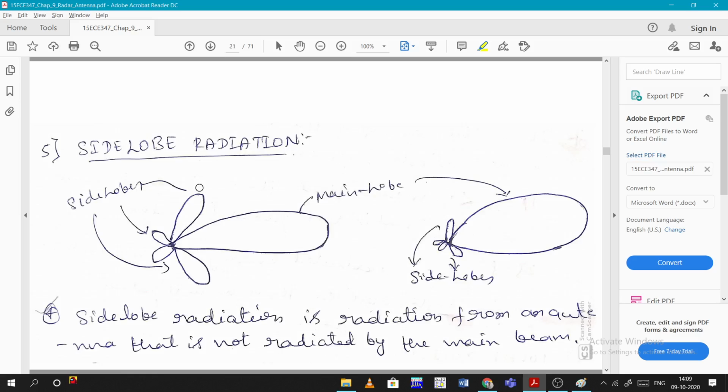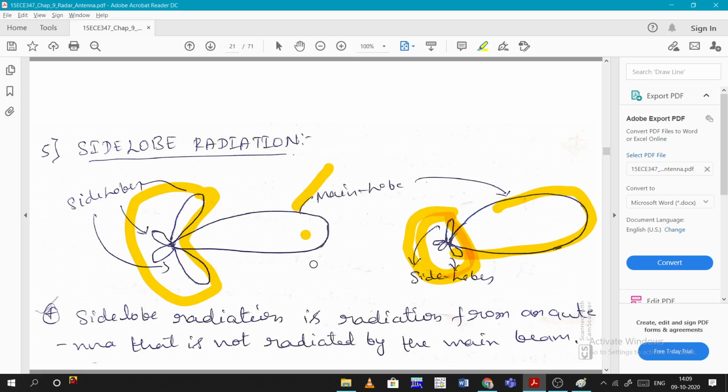Now coming to the side lobe radiation. Sometimes as the main lobe increases, the side lobes decrease. When the main lobe is too large, the side lobes become small.